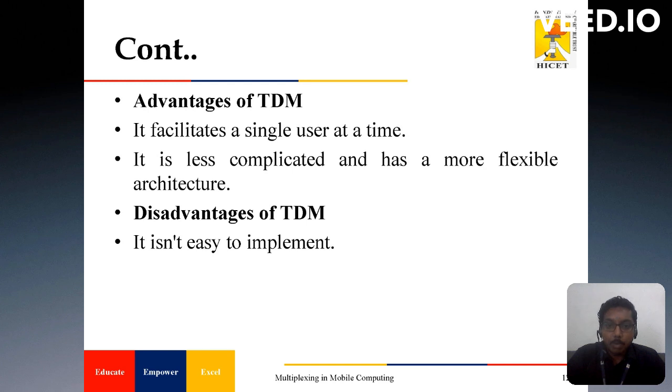The implementation process is not easy for time division multiplexing. We have to assign a time frame for each and every value we are going to use in the spectrum, which is a difficult task to complete.